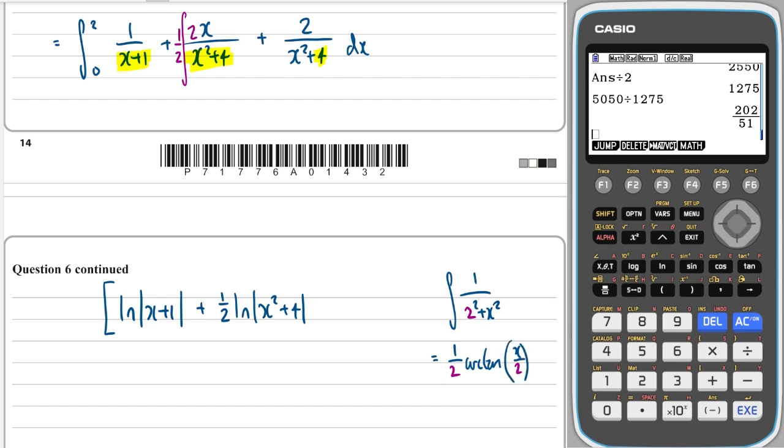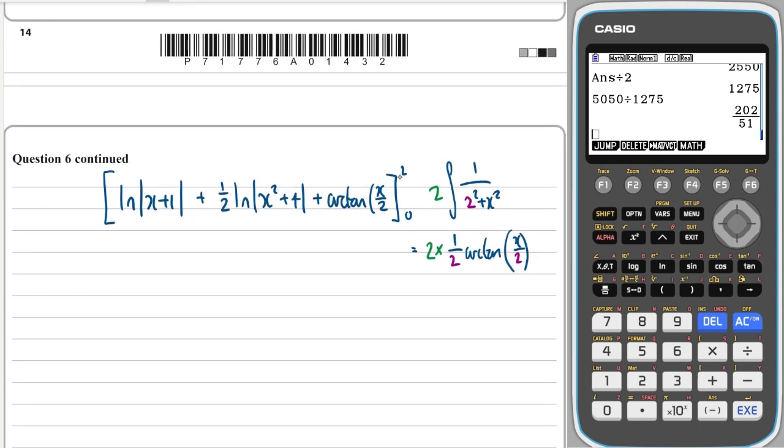And then we have 2 on top, so we're actually timesing it by 2, which I can take out of the integral like that. So 2 times a half is just 1, so it's just arctan of x over 2. So plus arctan of x over 2. And that is between 2 and 0.